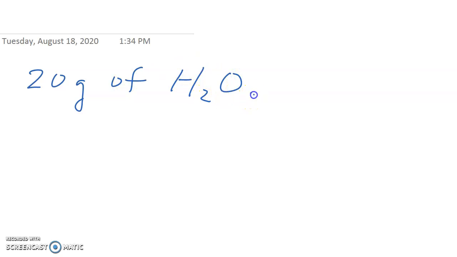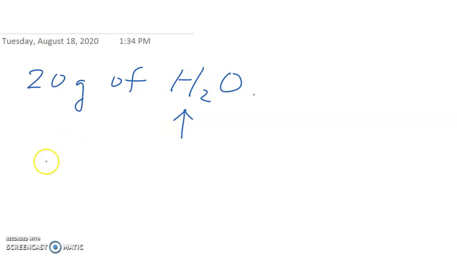Let's say if I have 20 grams of water, that is H2O, how many moles of molecules and how many molecules? Okay, in order to find out how many moles, I have to find out the molecular weight of water first.